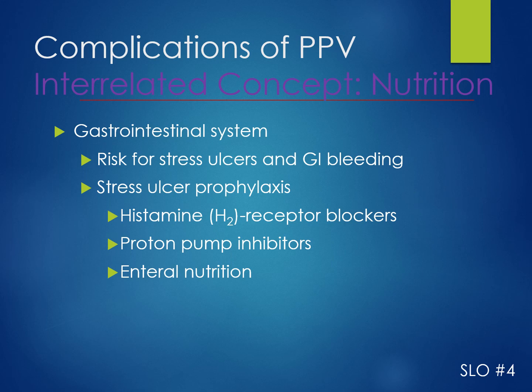So stress ulcer prophylaxis, so H2 receptor blockers, famotidine, proton pump inhibitors, so pantoprazole or Protonix is your drug of choice for that. And then we have your enteral nutrition that can help that acid that's being produced, kind of gives it a job to digest that enteral nutrition.